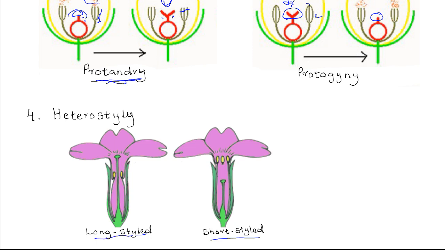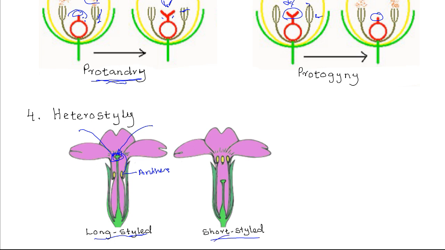So in the long-styled flower, this stigma is well above the anthers. These are the anthers here. So the stigma is well above it, which means chances of pollen grains from these anthers getting onto the stigma are very low indeed. So therefore, this stigma can only be pollinated by pollen grains from an external source.